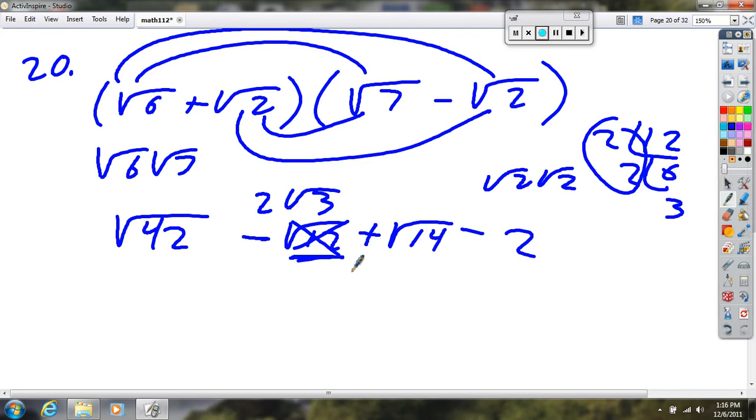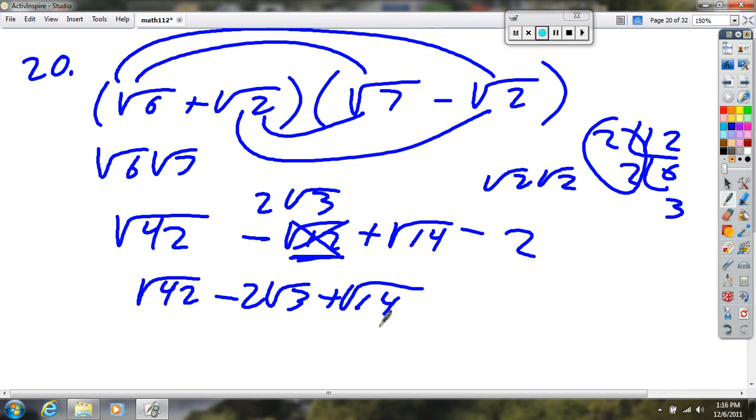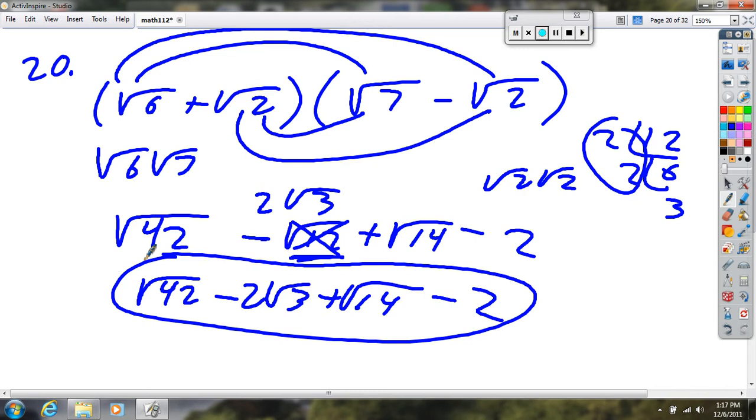So my answer is the square root of 42 minus 2 times the square root of 3 plus the square root of 14 minus 2. That's our answer. Sometimes they combine, sometimes they don't.